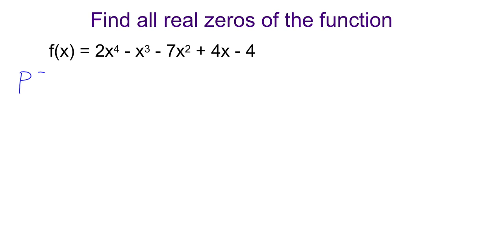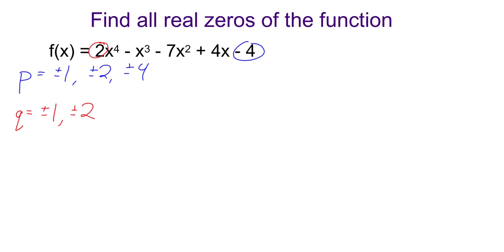So P are the factors of the constant, 4. Factors of 4 are plus or minus 1, plus or minus 2, and plus or minus 4. Then we have my Q values, which are the factors of the leading coefficient, 2: plus or minus 1 and plus or minus 2.